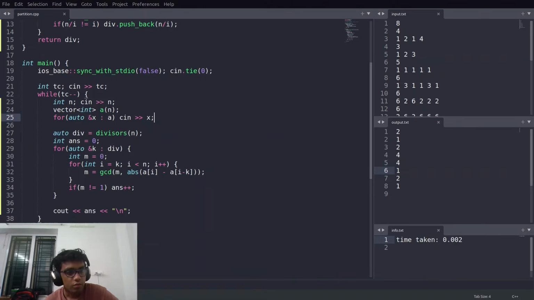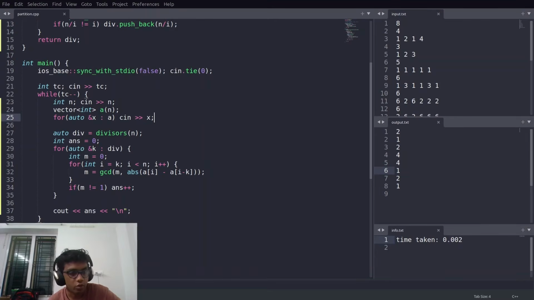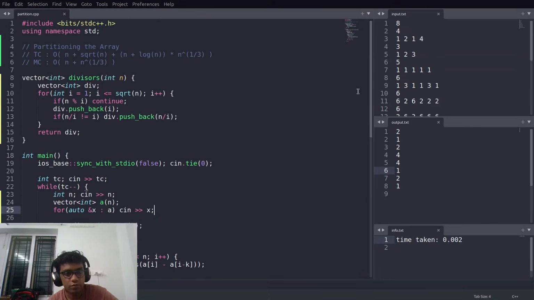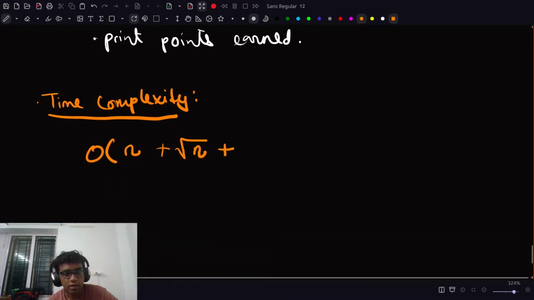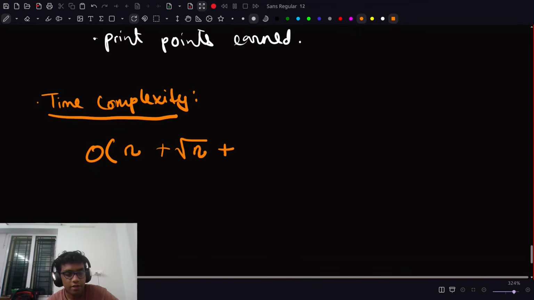Let us see. The n sums over all test cases, so we don't need to care about the number of test cases. We just need to care about n. So big O of n to read the input. Then finding the divisors is big O of root n, correct? The divisors function works in root n time. Now for each divisor, how many divisors are there? Again, a rough estimate for the number of divisors is cube root of n.